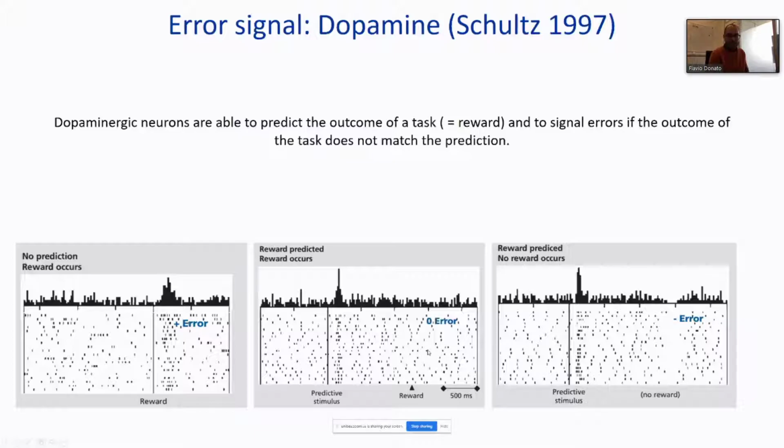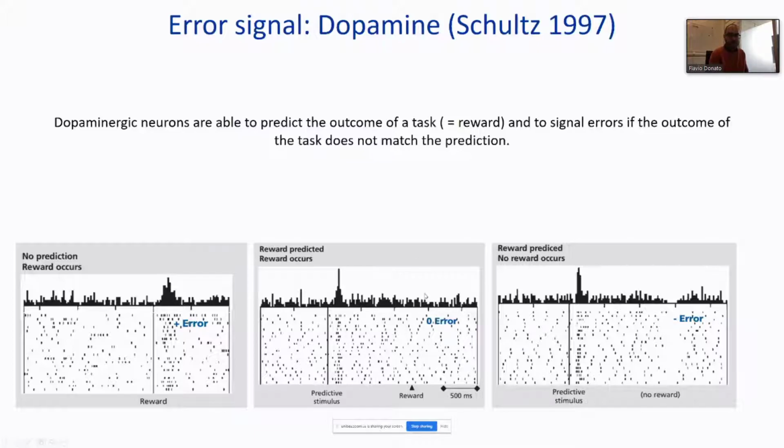During training, or after the task is learned, the animal can already predict that something good is going to happen, and you see here a bump of activity of the dopaminergic neuron at this moment. But if the reward then actually arrives, the dopaminergic neuron is not surprised anymore, so it doesn't change its firing, because what it predicted is confirmed.